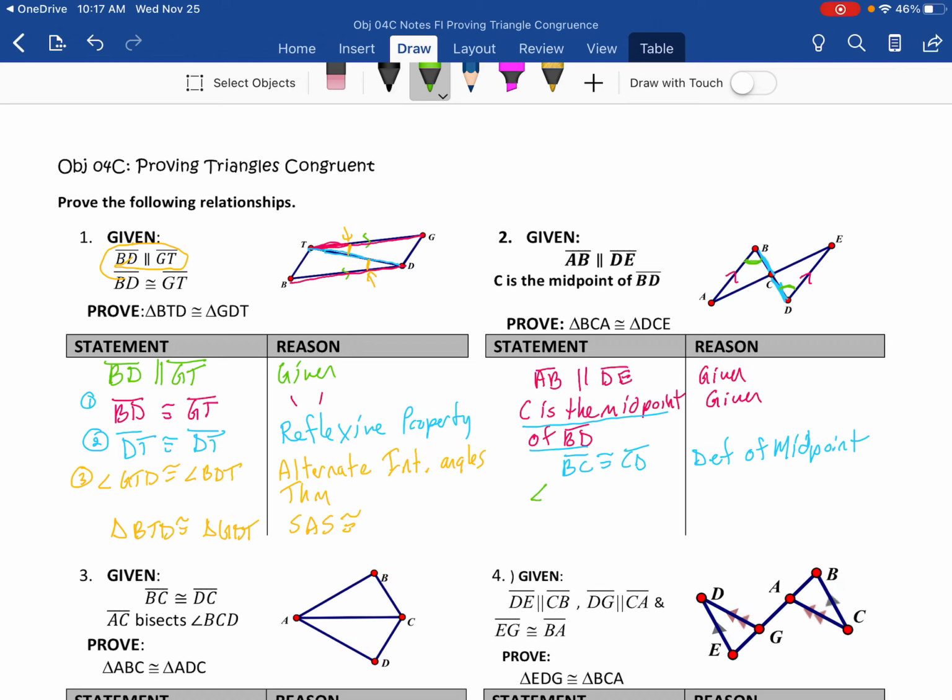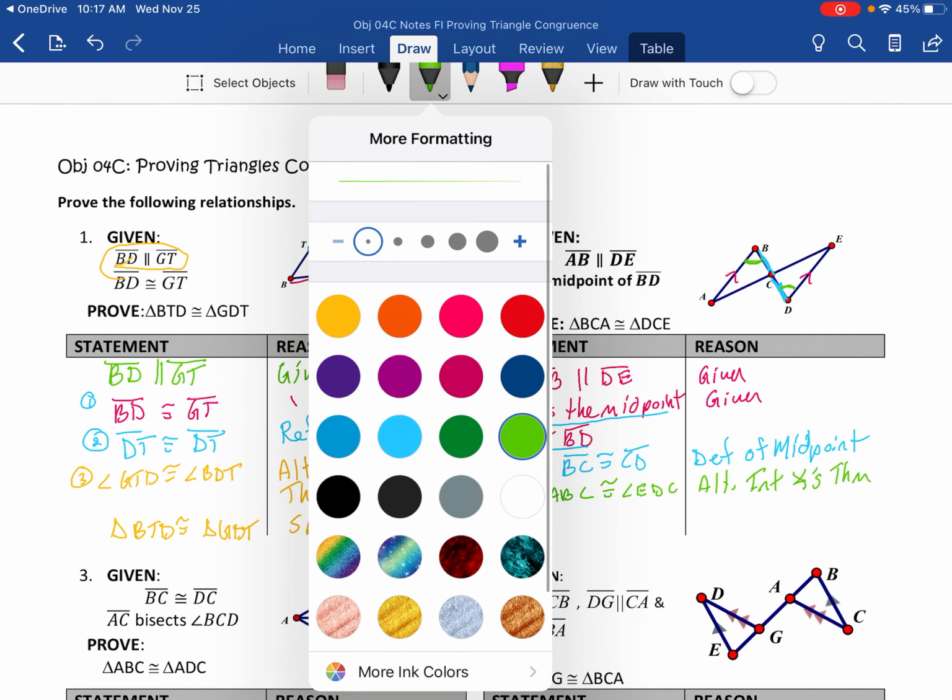So I also know angle ABC, and you could call that ABC or ABD, must be congruent to angle EDC. And that's going to be alternate interior angles theorem. You also have another pair that you can talk about.